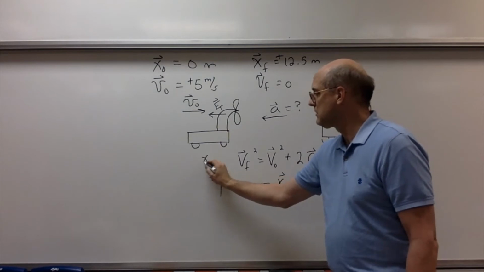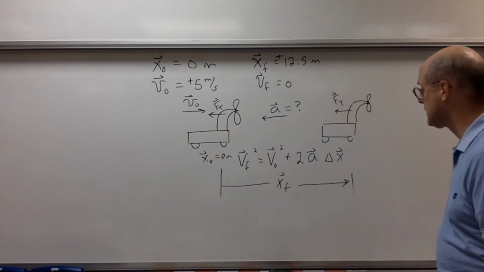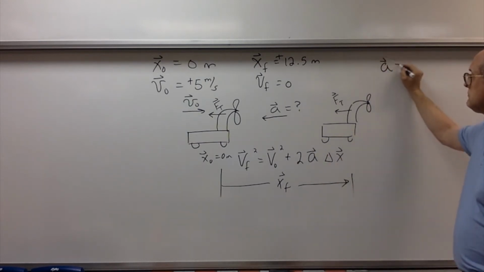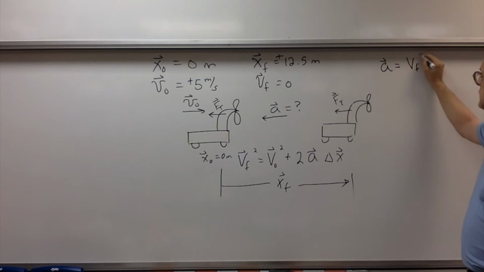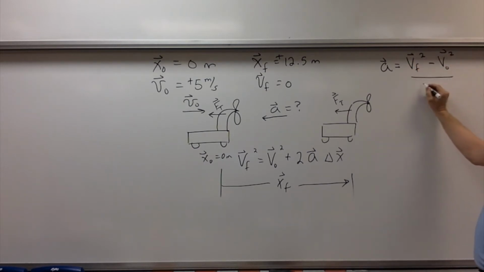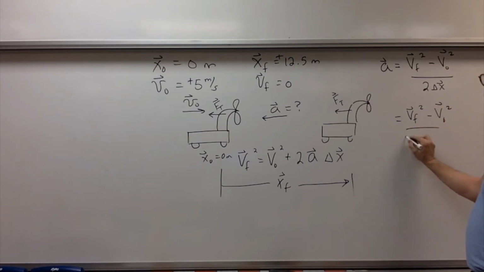And xo is 0 meters, and that's the beginning of the story. So continuing, let's solve this for acceleration. So we have Vf squared minus Vo squared divided by 2 delta x, where delta x is xf minus x original.